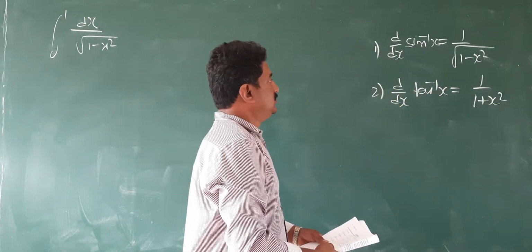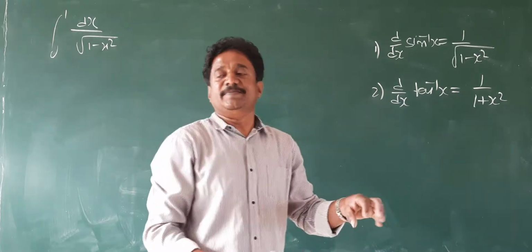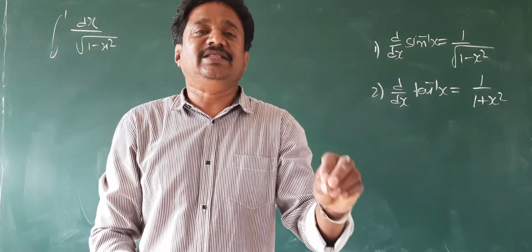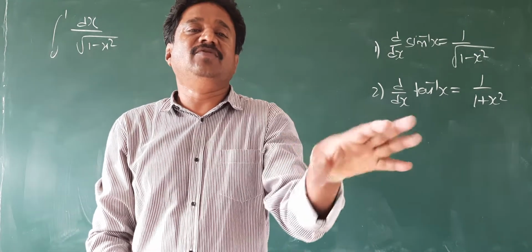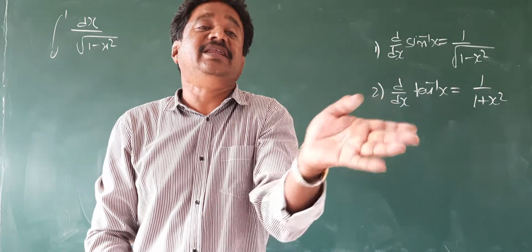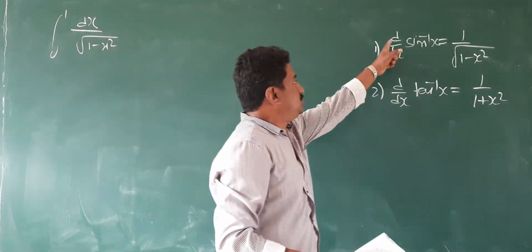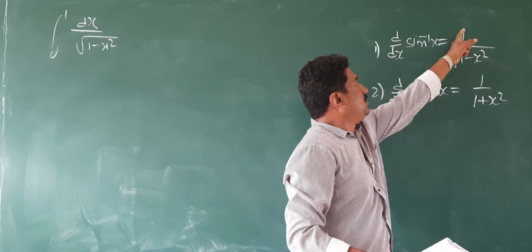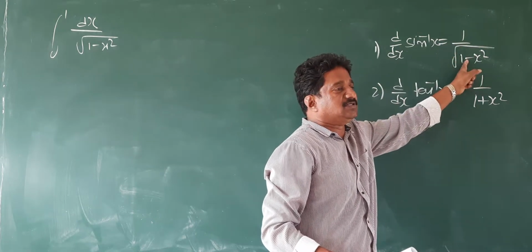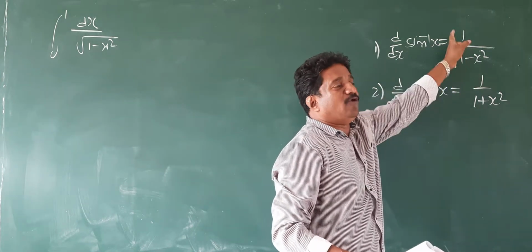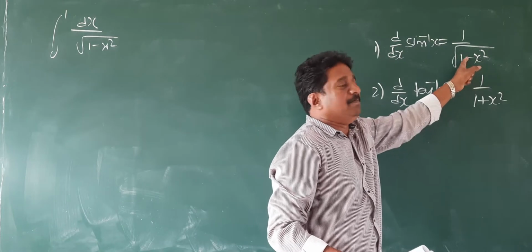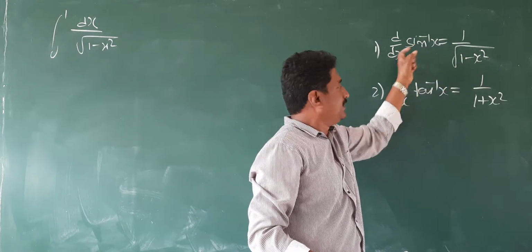I told you students, integration is exactly the reverse process. Think reversely in integration. Differentiation of sin inverse x is 1 by root 1 minus x square, so integration of 1 by root 1 minus x square must be sin inverse x.